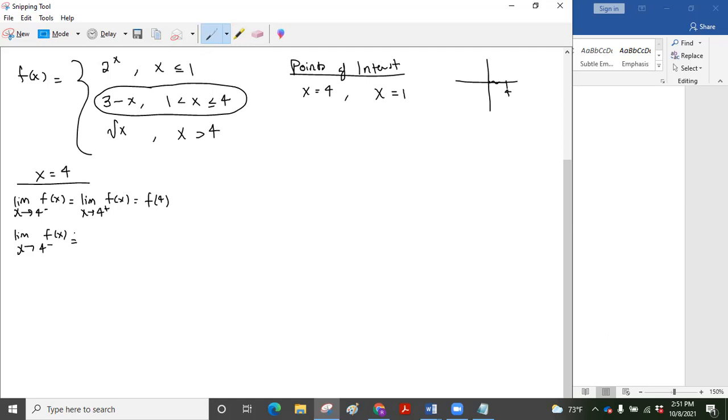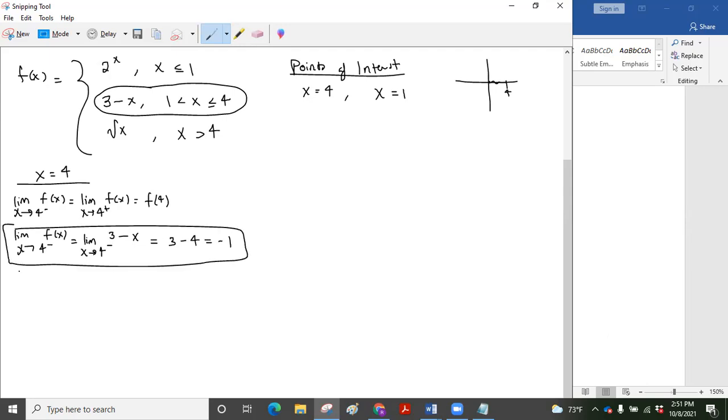So I'm going to use 3 minus x. The limit as x approaches 4 from the left of 3 minus x is equal to what? Well, let me try substituting. Can I substitute without an indeterminate form? The answer is yes. So I'll say 3 minus 4, which is negative 1. So the limit as x approaches 4 from the left is negative 1.